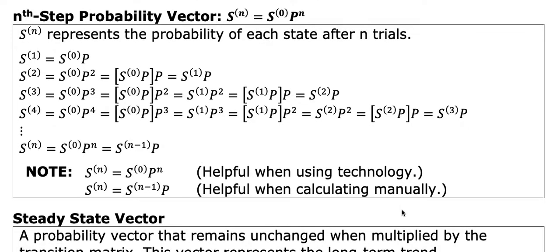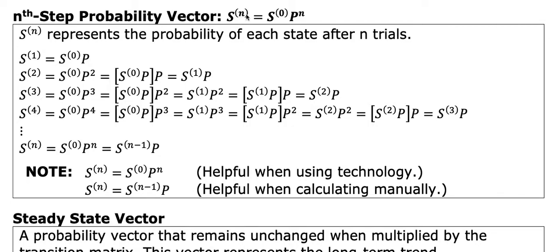So what we're interested in looking at is if this process carries on, what is the long-term trend that is likely to occur? So if we look at the nth step probability vector, this is meaning that we will see the probability of each outcome or state as a long-term trend.